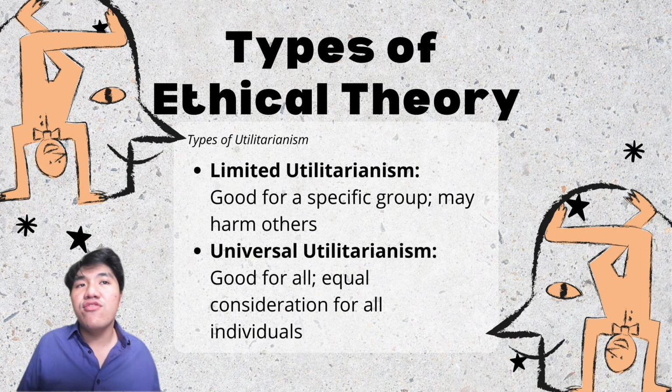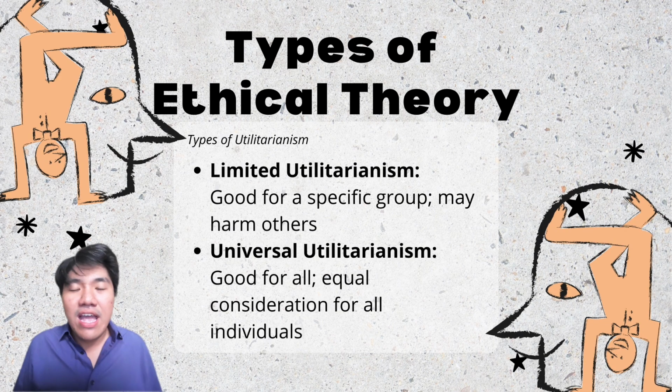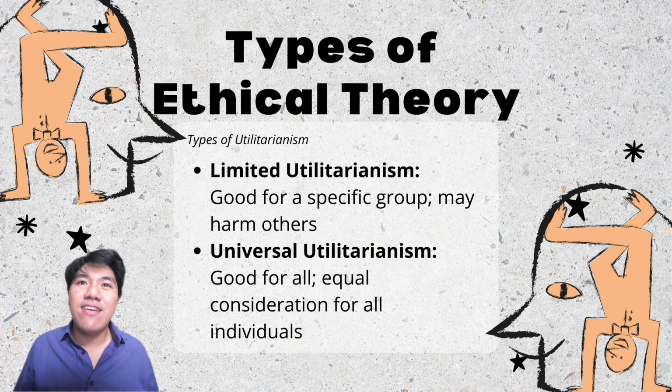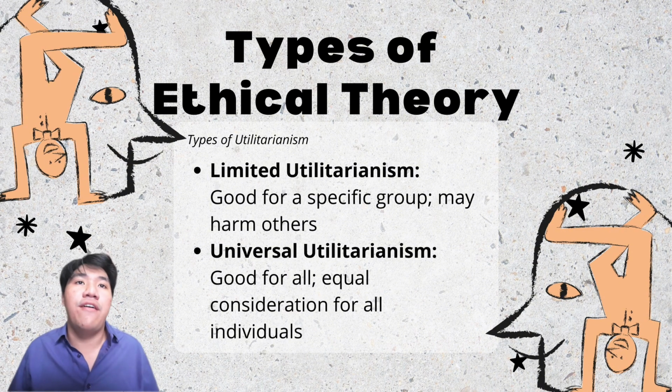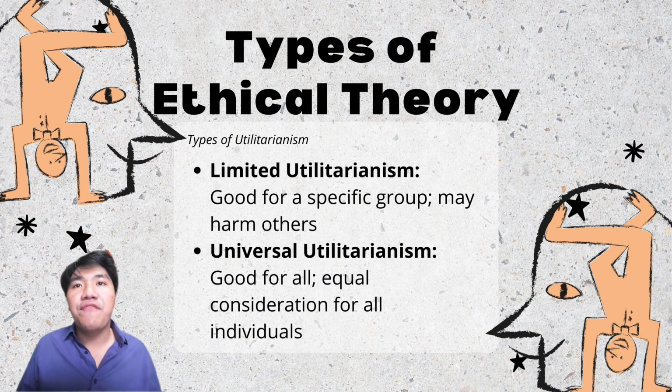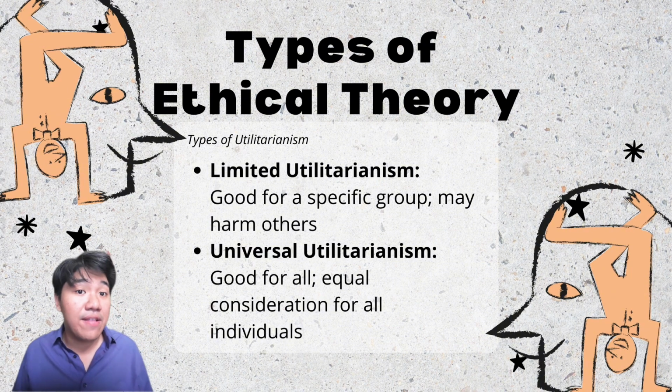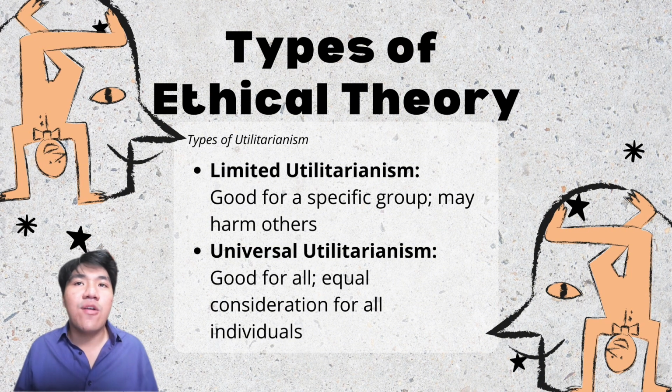The next one is universal utilitarianism. This pure form of utilitarianism argues that the good should be maximized for all of humankind without any discrimination at all. Every individual is treated equally and no person or group is given preferential treatment. As the principle goes, everyone counts for one and no one for more than one.